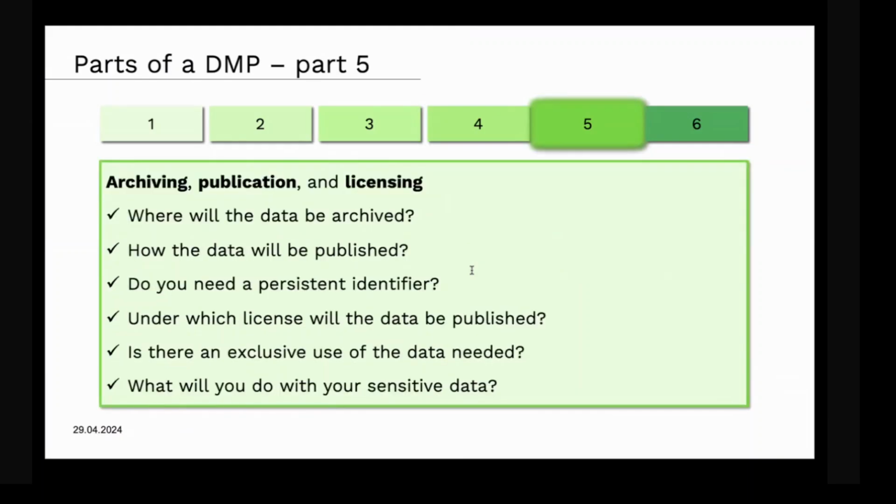One of my favorite topics: archiving, publication, and licensing. So, where will data be archived? And with archive, this is again meant long term. Long term means the absolute minimum is 10 years, as I mentioned this morning.